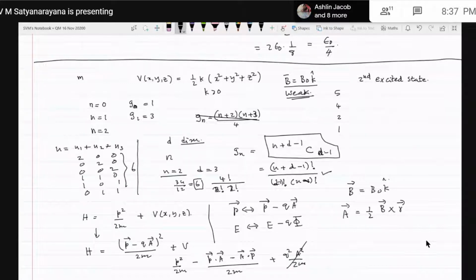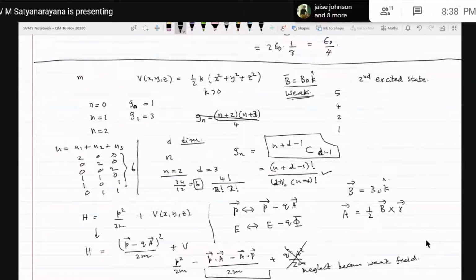You can neglect the A square term because it is a weak magnetic field. So you have to consider the middle terms as your perturbation Hamiltonian.